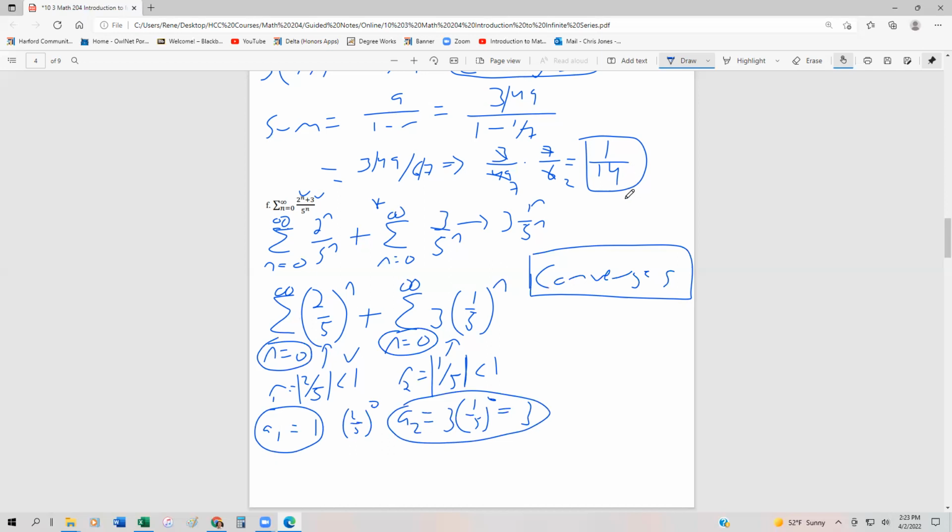And so now we can figure out what the sum of both of these series are. Let me rewrite what we have. A1 was equal to 1 and A2 was equal to 3, and R1 was equal to 2/5 and R2 was 1/5.